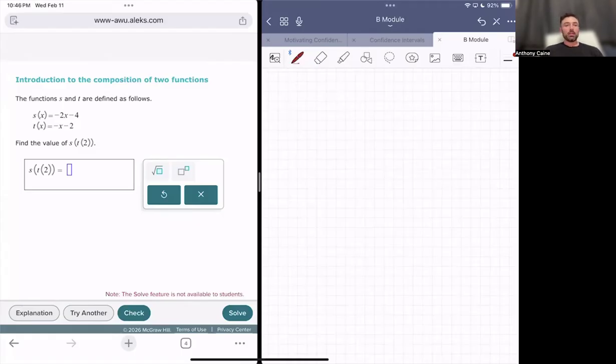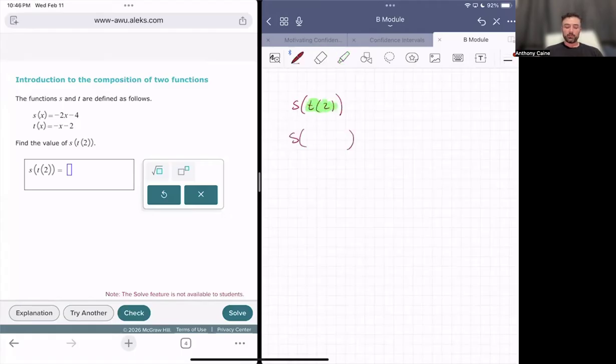So anyway, there's a couple of ways we can talk about composition. The way I like, even though it takes up the most room, we won't do first. We'll do my second most favorite way. So we have S of T of 2. We're going to work from the inside out. The first thing is to figure out what T of 2 is.